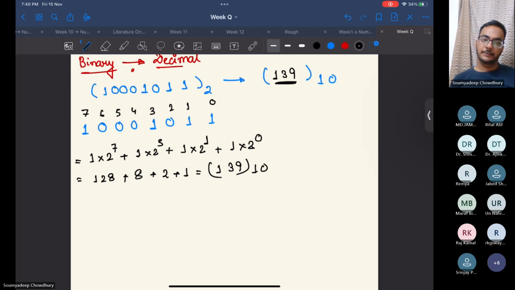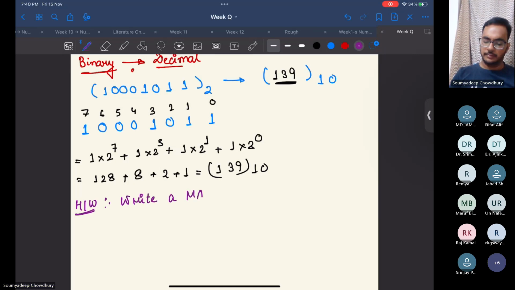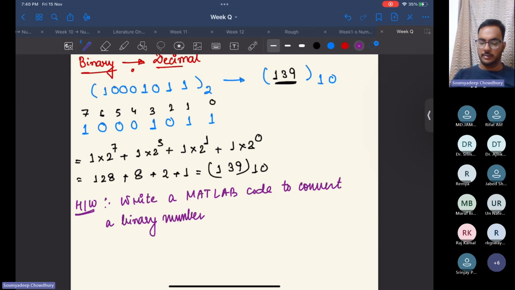Yes, sir. So here also, for the homework, you should write a MATLAB code to convert a binary number.